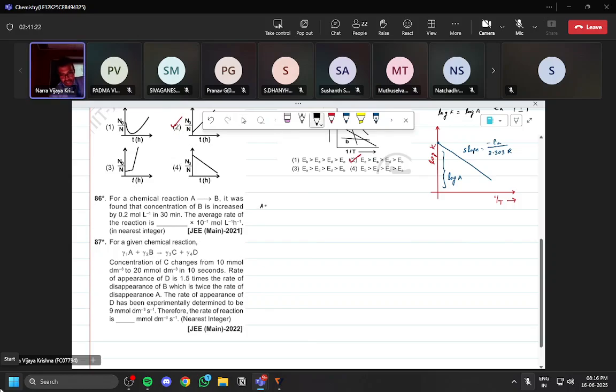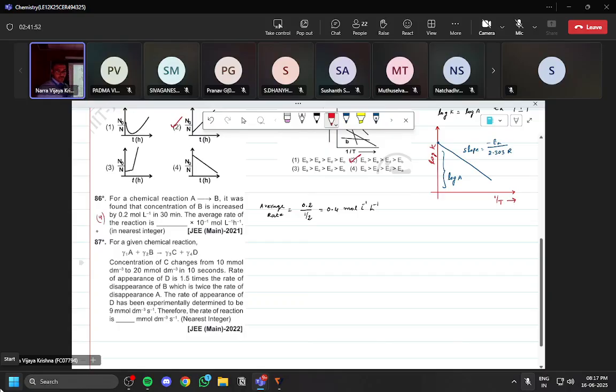So average rate equals 0.2 molar divided by 30 minutes. But they want the answer in hours, so can I write that as 1 by 2 hours? So what is this value? 0.4 mole per liter per hour. So the answer is 4. Waste question.